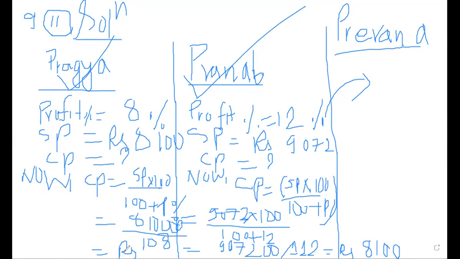How much did you get? 7,500. Good. What is the cost price for Pragya? 7,500. Did you understand how to do it?